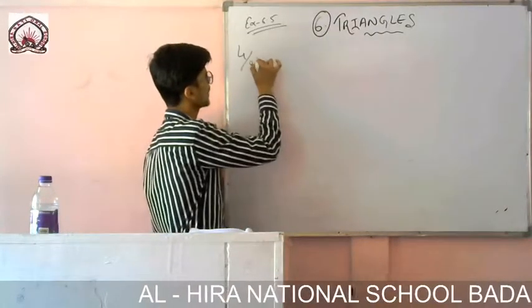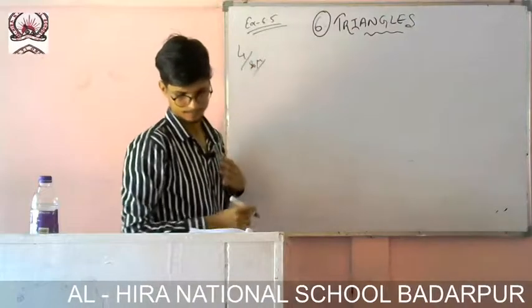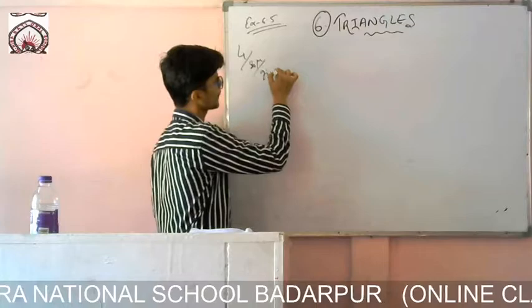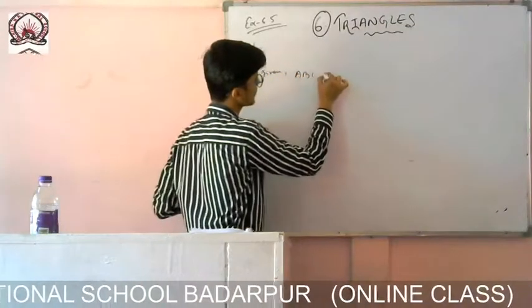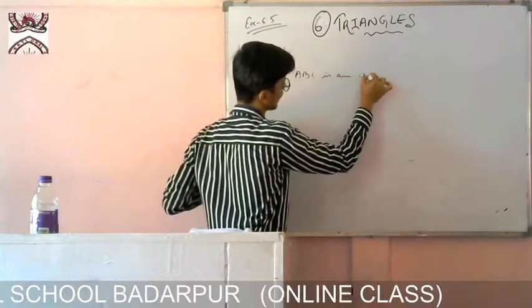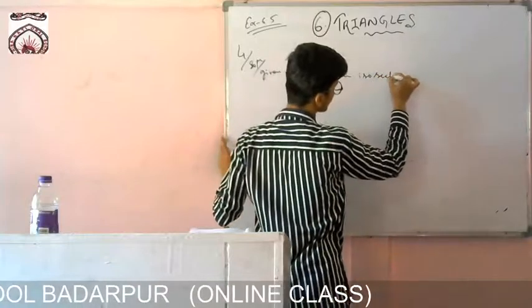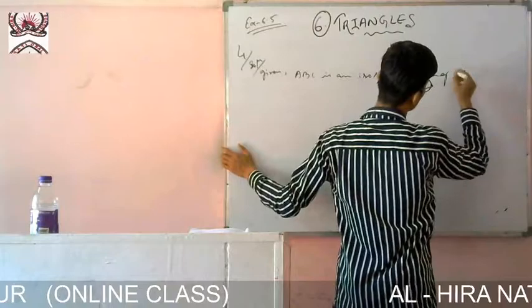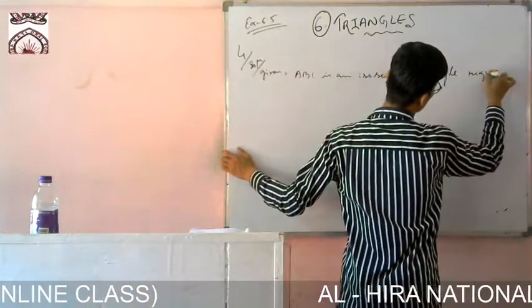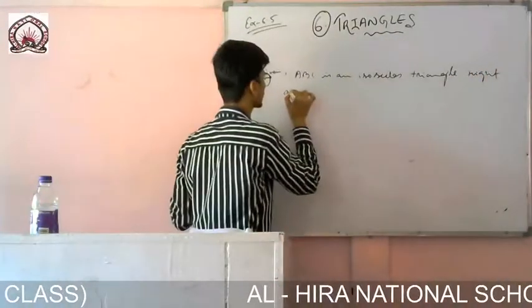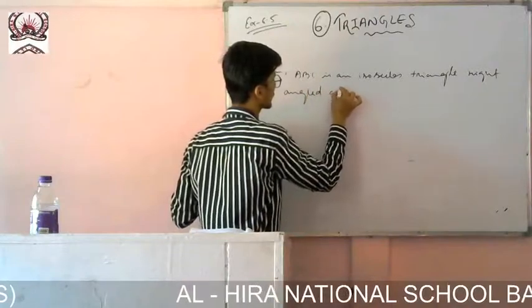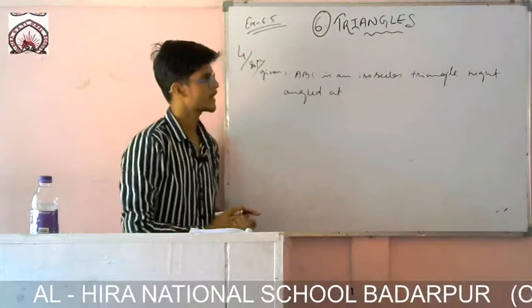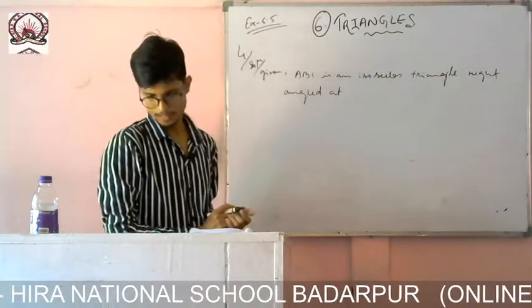So solution you write, given: ABC is an isosceles triangle and right angled at which one?